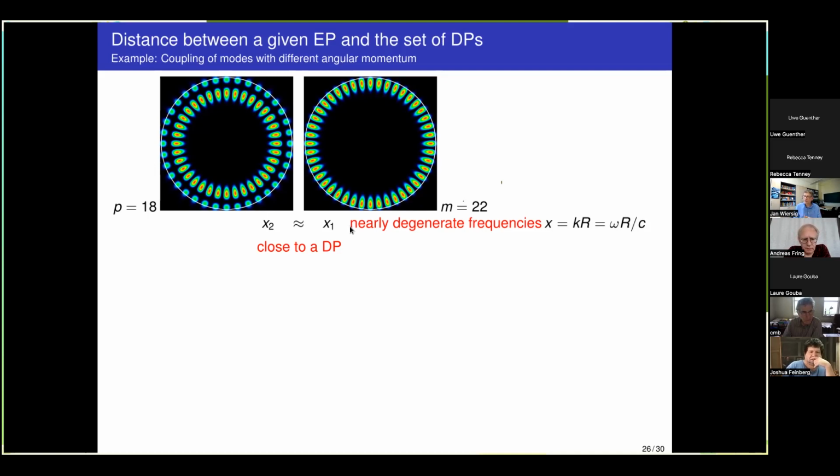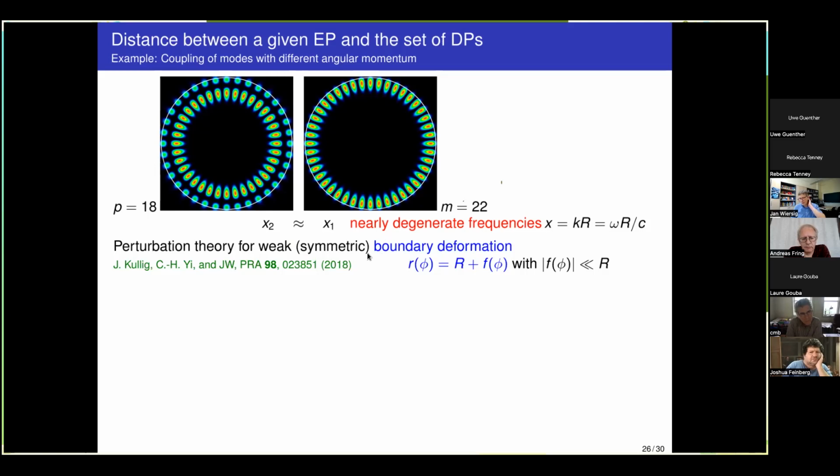We come to this situation, for instance, by looking for some mode pair where this occasionally happens, or we fine-tune the refractive index. One can also do this experimentally in certain limits. When we have this situation, we are close to a diabolic point, right? Not perfectly at a diabolic point, but close to it.